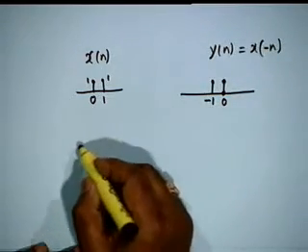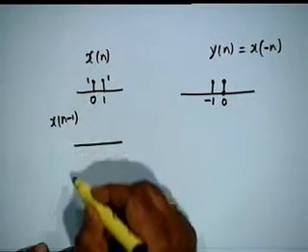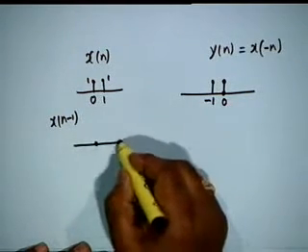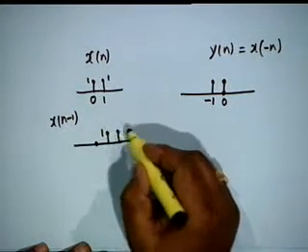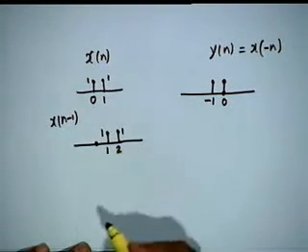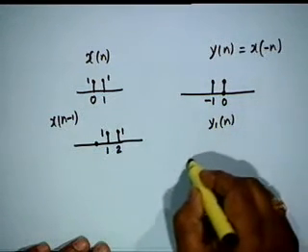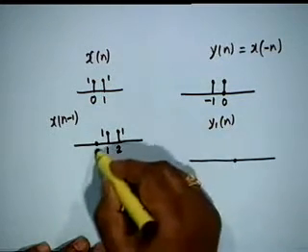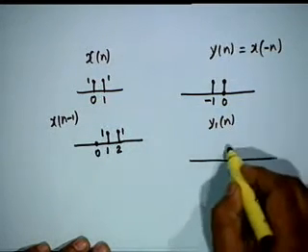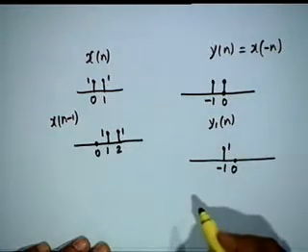Now, let us delay the input by one sample, that is x of n minus 1. Then it will be 0 here, 1 here, and 1 here. So, y1 of n would be 0 at 0, and then we shall have 1 at minus 1.